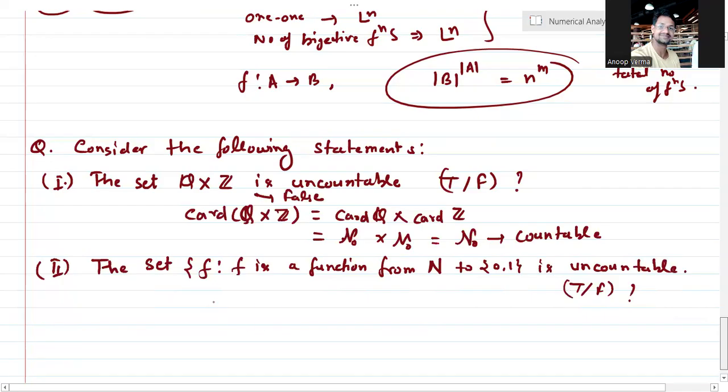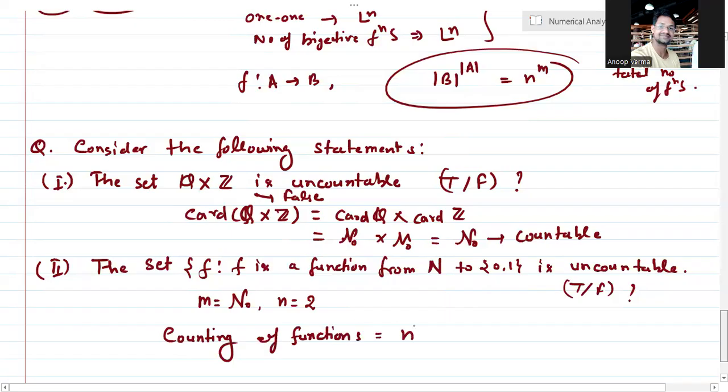How many functions will be there? Because we are going from N to {0, 1}, here m is equal to aleph naught and n is equal to 2. And we know that the counting of functions is n to the power m.